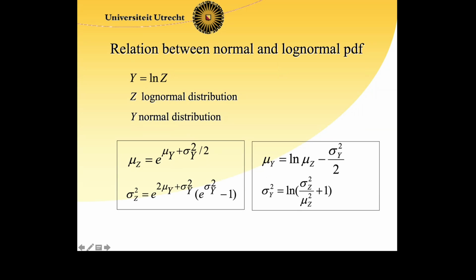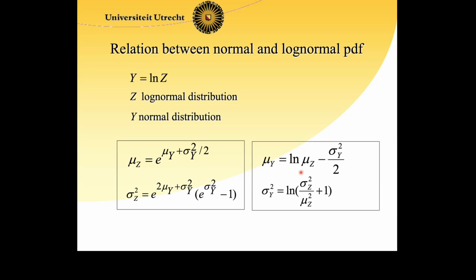These are so-called transformation formulas. If you know what the mean and the variance of the log normal variable are, you can calculate the mean and the variance of the normal one, or vice versa.